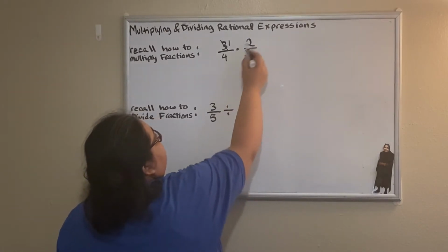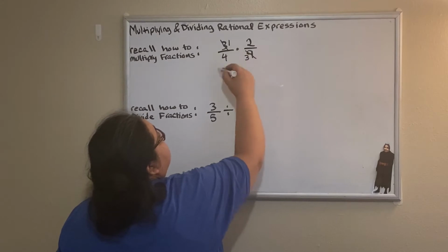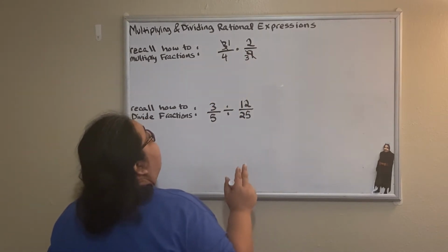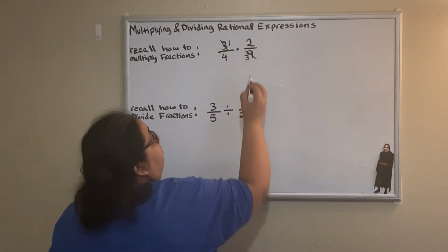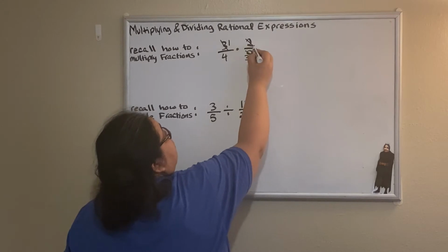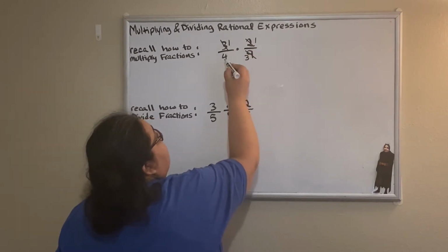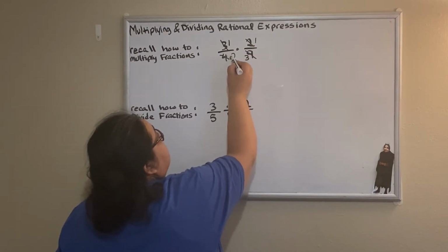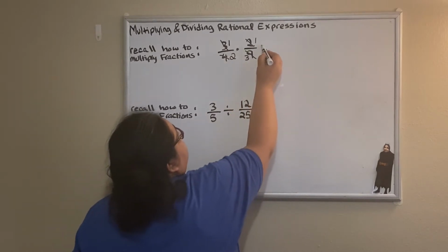And then I do the same thing to 2 and 4. I can reduce both of those by a factor of 2. So I'm going to reduce 2 by 2. 2 divided by 2 is 1. And then 4 divided by 2 is 2. Now let's rewrite this.